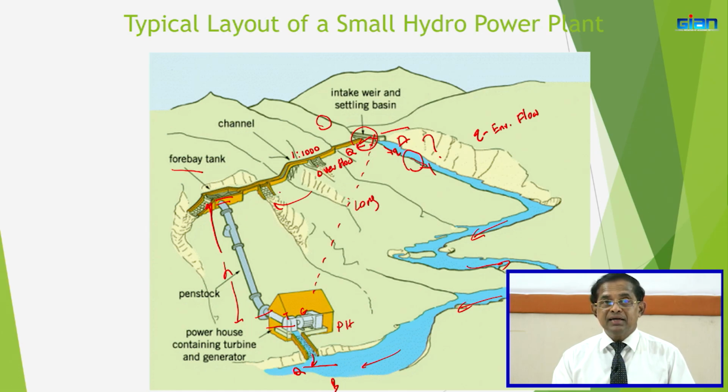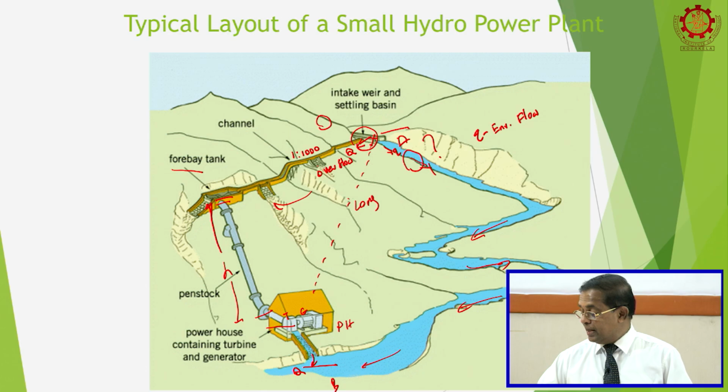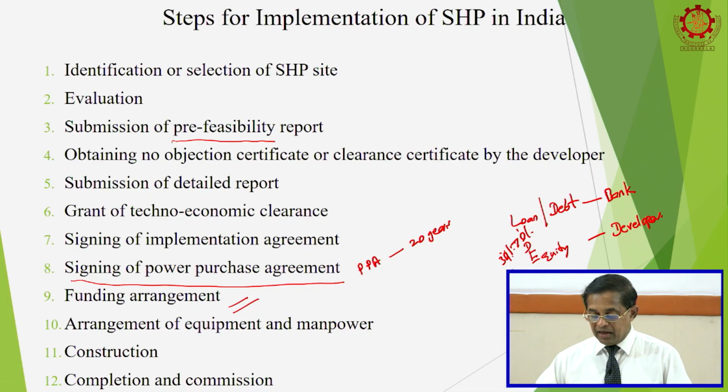The tunnel is a low pressure tunnel doing the same purpose, going on a very low slope, bringing water to a convenient location to make the penstock shorter. So, the function done by the canal in a run-off river small hydropower plant is done by a tunnel in large hydropower plants.